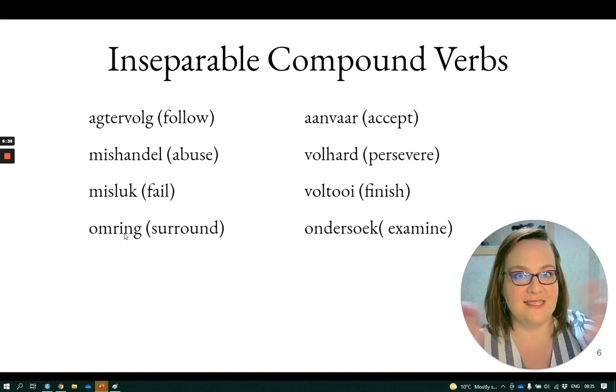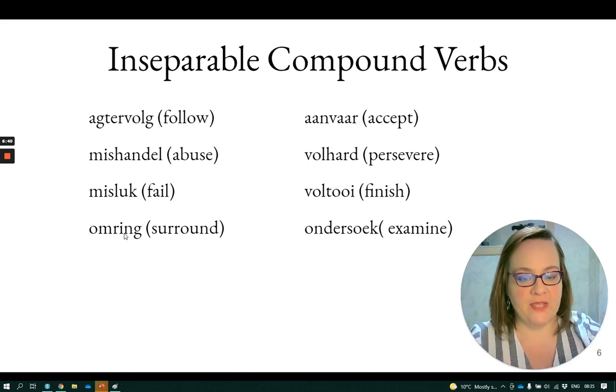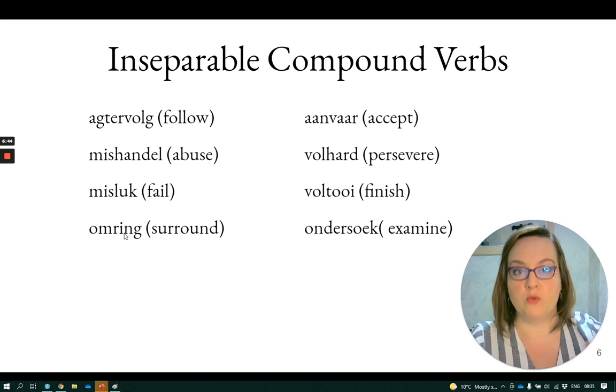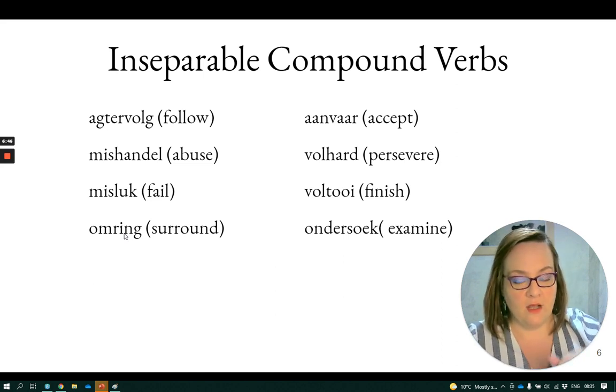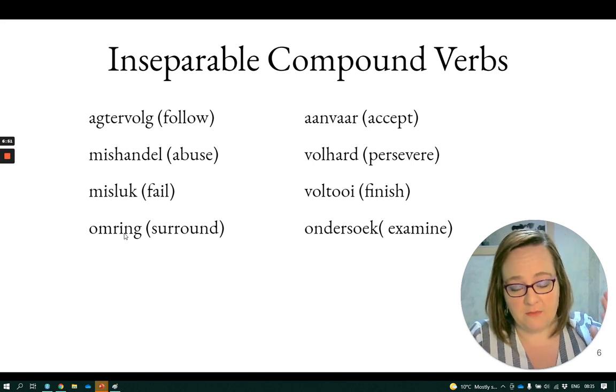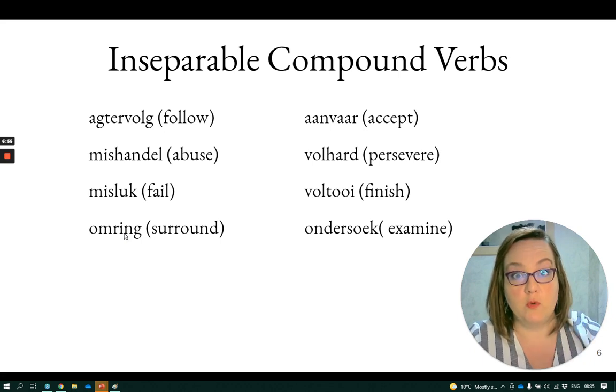They don't separate, they're inseparable. It's just something that you'll have to pick up with practice. There's no rule that I can tell you if it's agter, or if it's mis, or if it's vol. You can recognize and maybe memorize volhard and voltooi and mishandel and misluk, but there's no rule that I can give you. These compound verbs are something that you'll have to recognize.